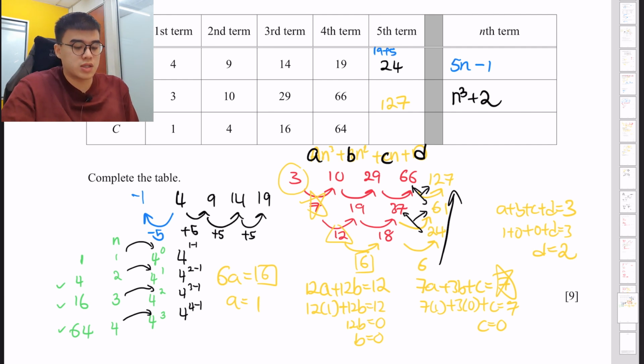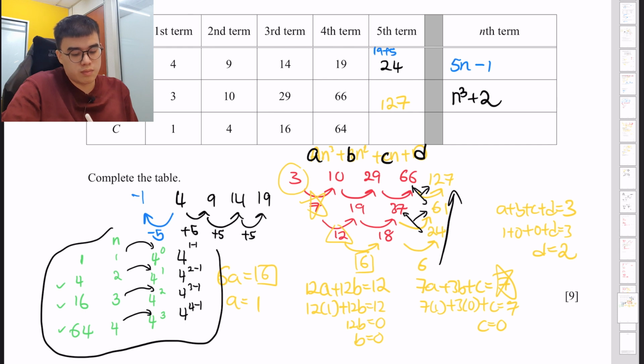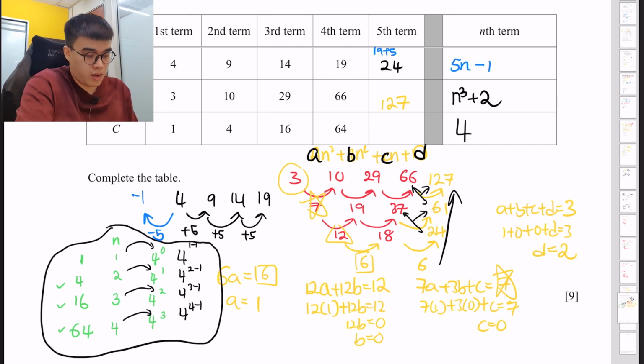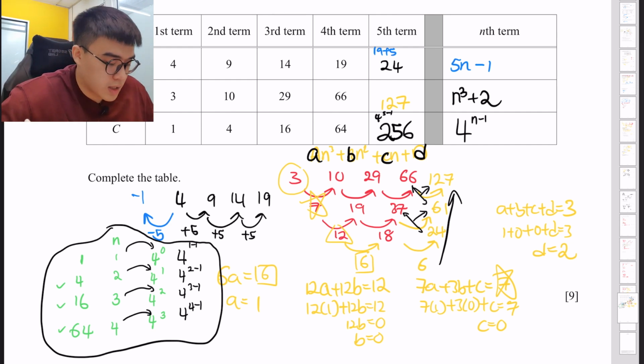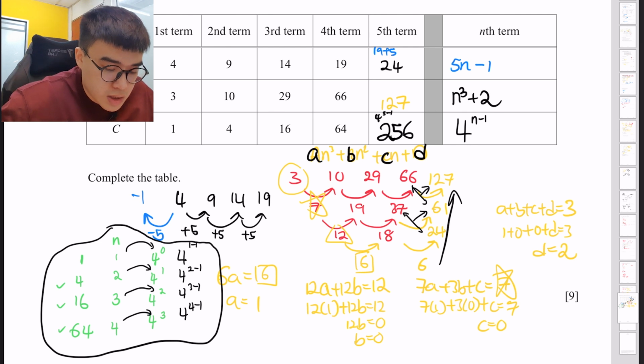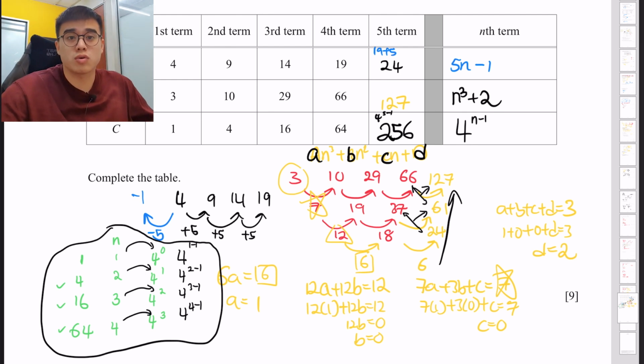So from this, immediately you can assume the formula is 4 to the power of n minus 1. So we can trace the fifth term by substituting 4 to the power of 5 minus 1, which is 4 to the power of 4. Then you get your final answer as 256. So this is the question 11 solution.